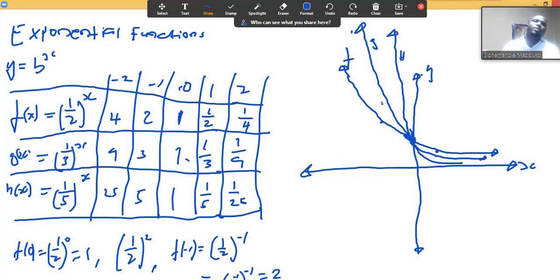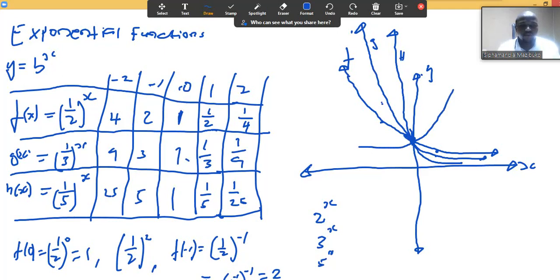You can notice what is happening, because when we had the graphs of 2 to the power x, 3 to the power x and 5 to the power x, we had something in this direction like this one here. So it's a reflection. You can look at these two graphs.